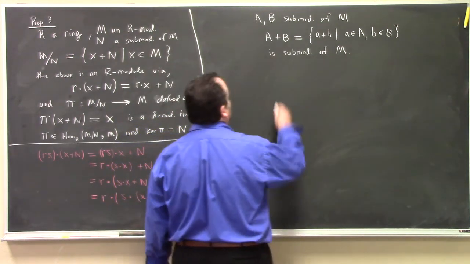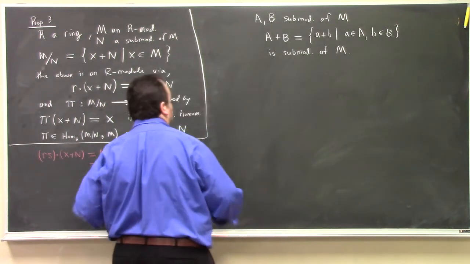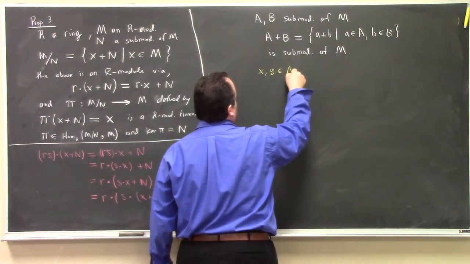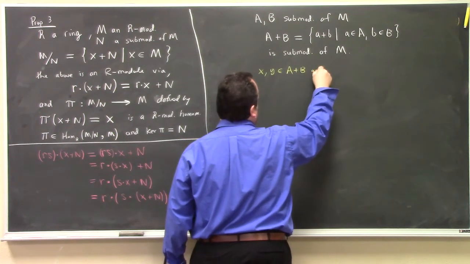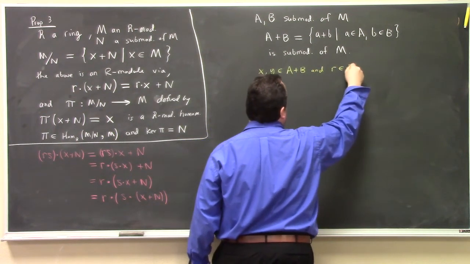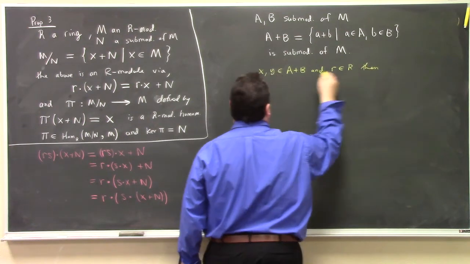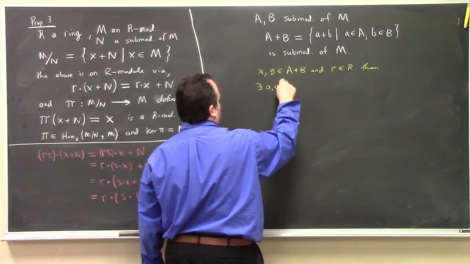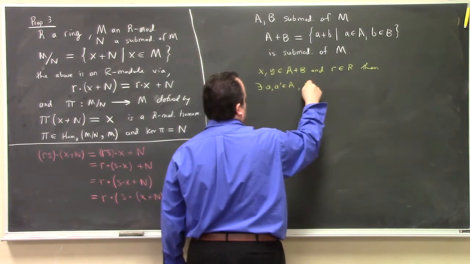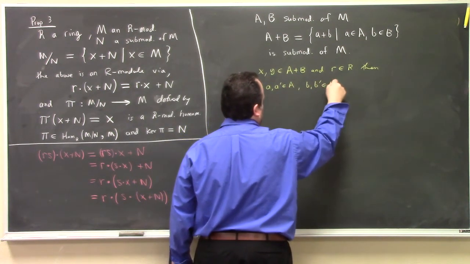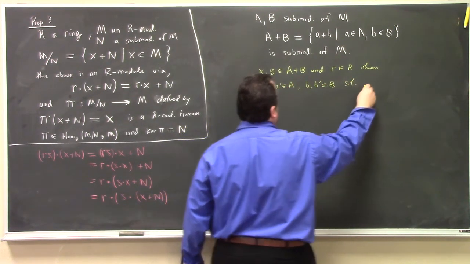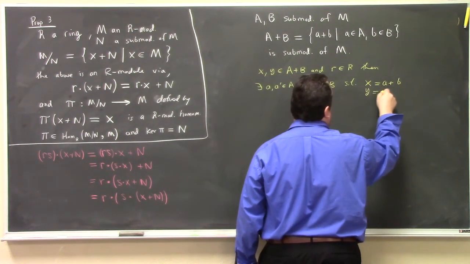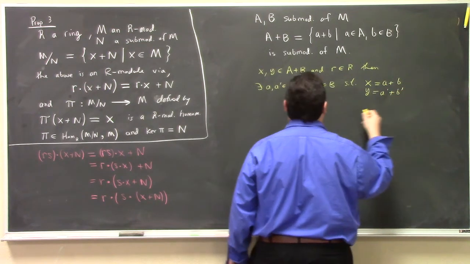Okay, well, let's see here. If we had x and y in A plus B and r in the ring, then there exist a, a prime in A and b, b prime in B such that x equals a plus b, y equals a prime plus b prime.